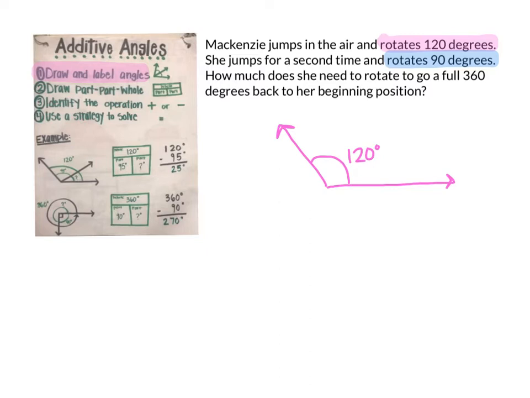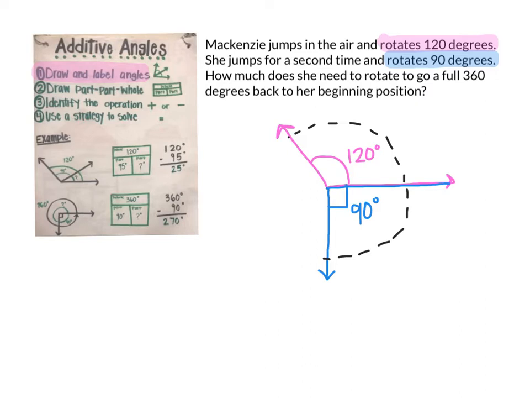So I'm going to just draw my 90-degree angle right alongside my 120-degree angle, kind of stacking it. And I'm going to label my angle 90 degrees. So she starts here, and she jumps, she rotates all the way to here, and then she rotates another 90 degrees and stops there.